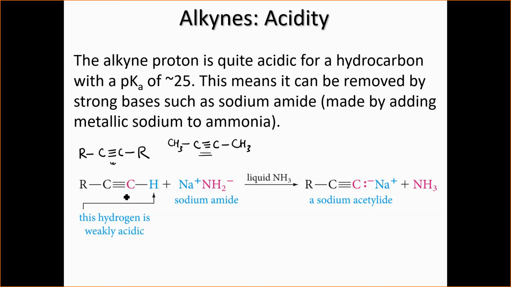Now, this other compound is a terminal triple bond. A terminal triple bond has the extra hydrogen there, which makes this hydrogen more acidic, and then susceptible to chemical reaction under the right conditions.